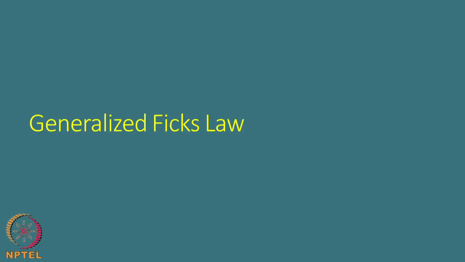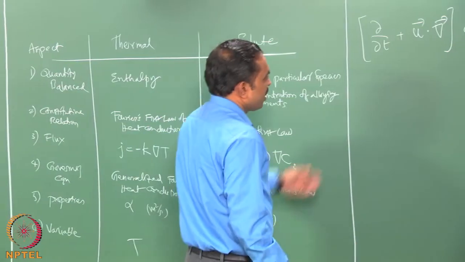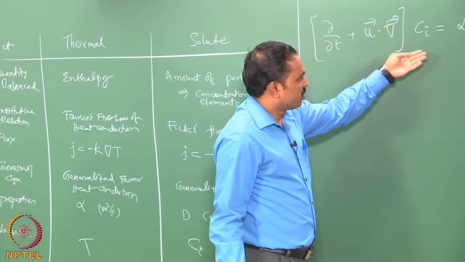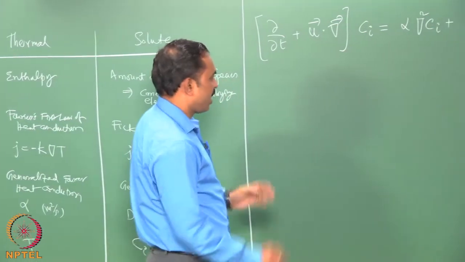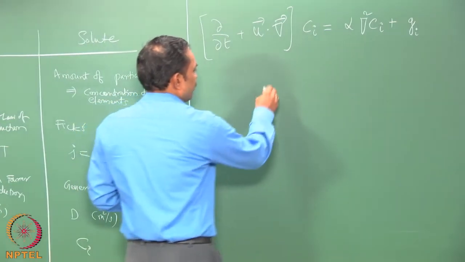So, this is the generalized Fick's law, and this is not a form that is found in many books, and the form that you would normally see would be this.